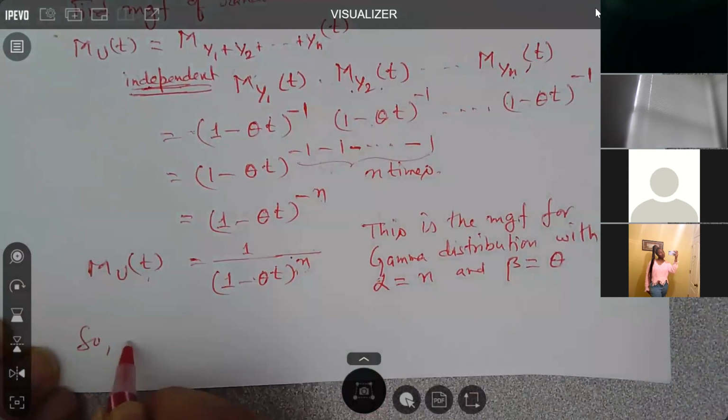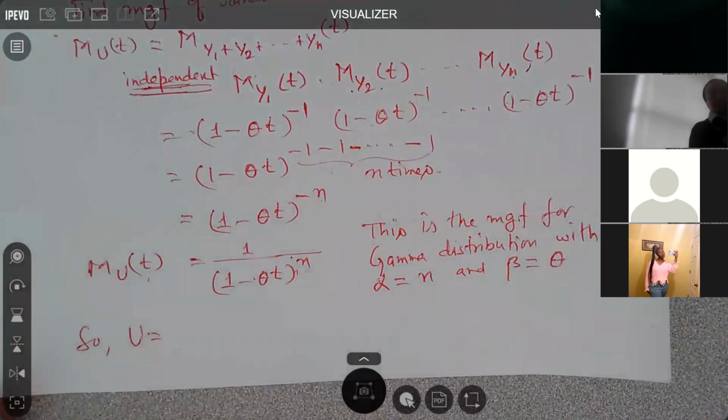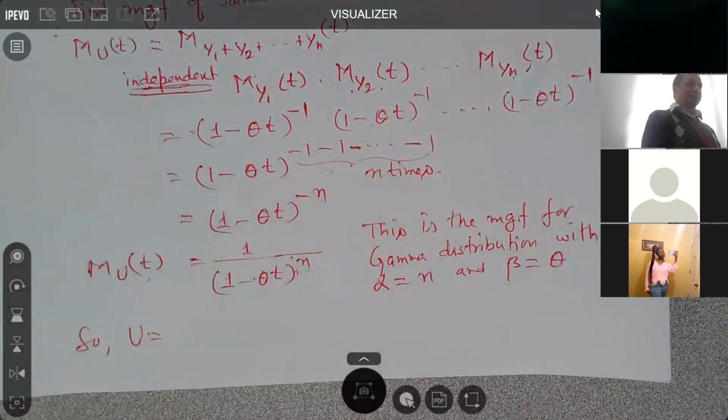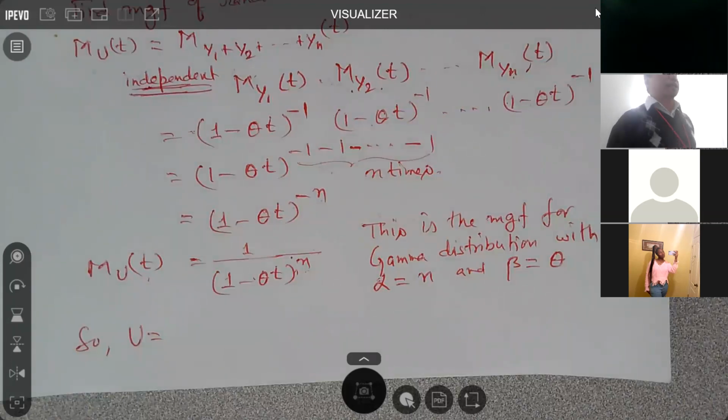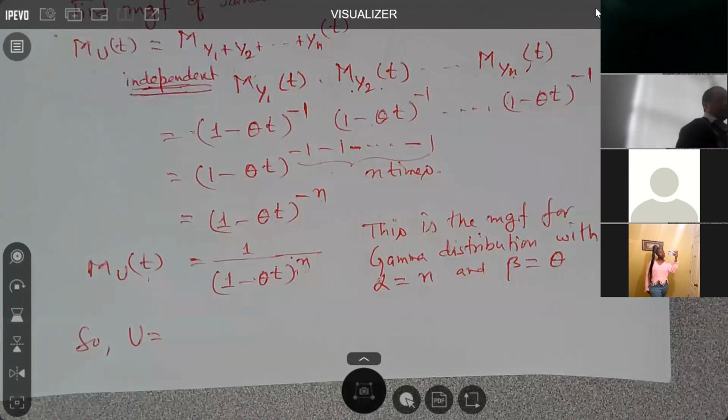Okay. I have a question. For gamma, isn't the mean and the variance, what is it? Mean is alpha beta and variance is alpha beta squared, right?